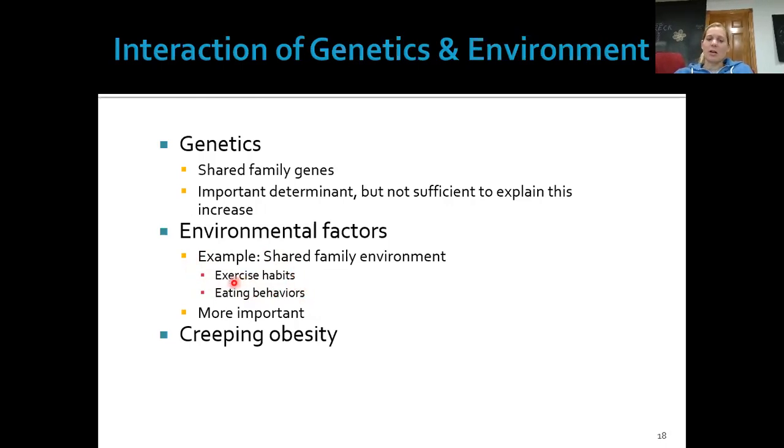Eating behaviors as well. I want you to think about, and this is easy to do now that you're back at home, what did you learn from your parents? What things did you grow up doing, and maybe you continued to do in college or not, and now you're back home and you're back to doing XYZ thing? Let me give you an example. My mom is a baker. So there is no way that you can have a meal without a dessert that accompanies it. Not only are you going to have a dessert with it, but you're going to have multiple choices.